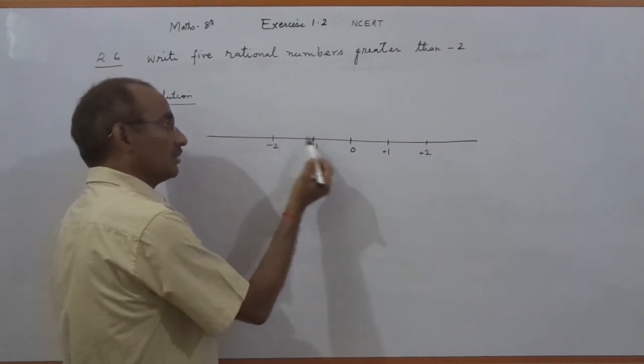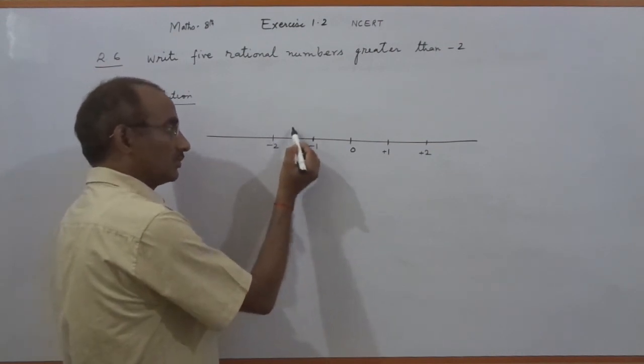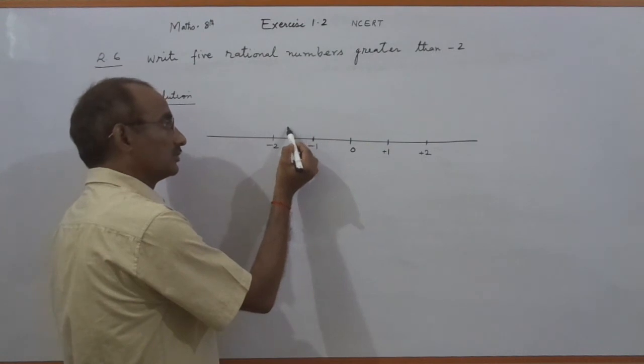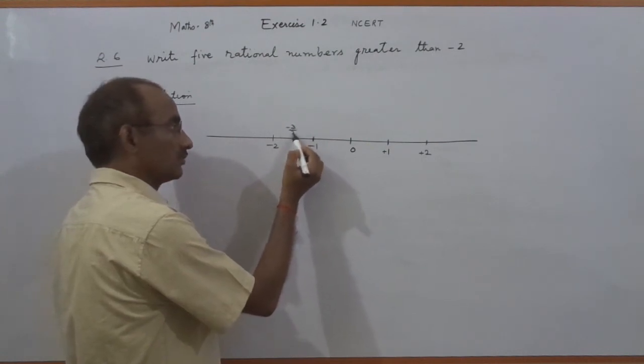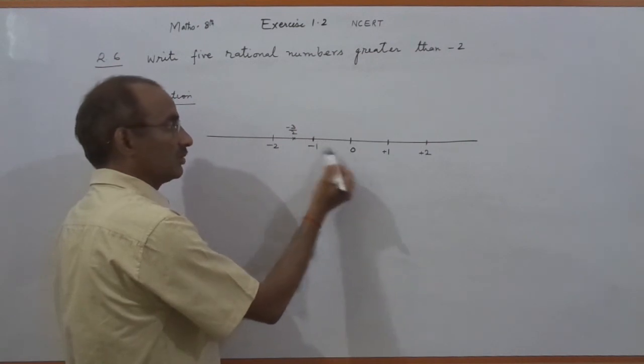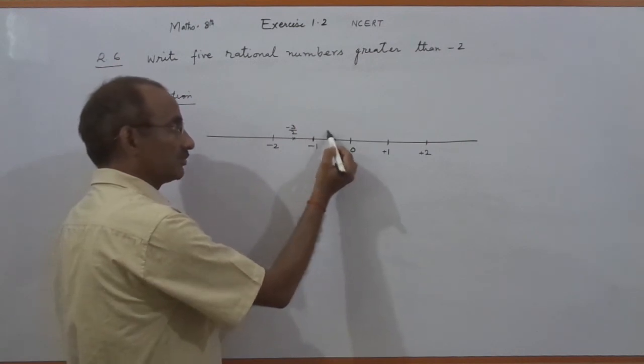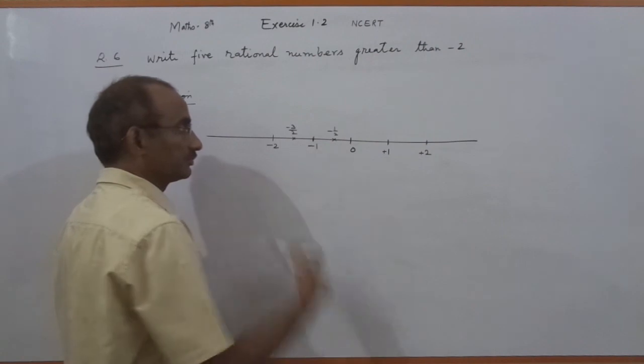Between -2 and -1 we have -3/2. Between 0 and -1 we have -1/2.